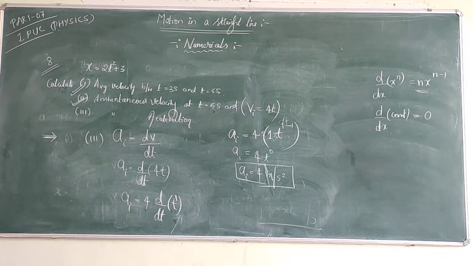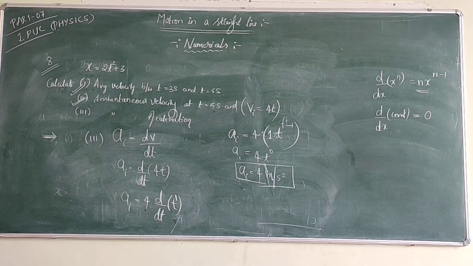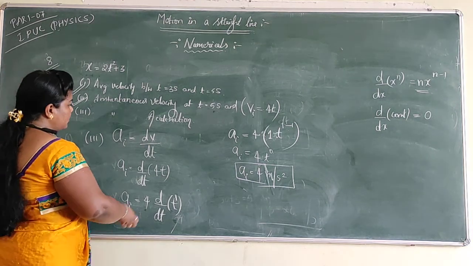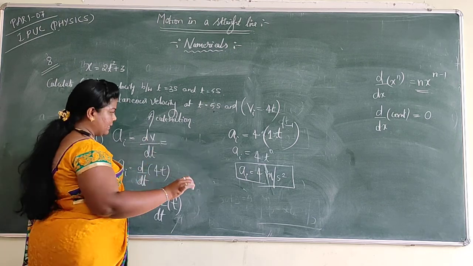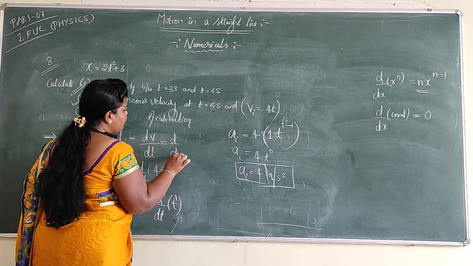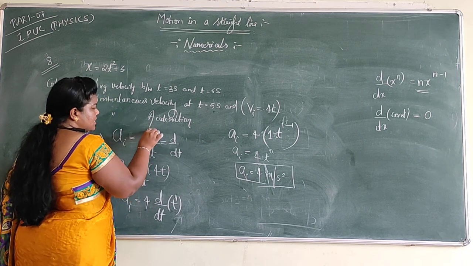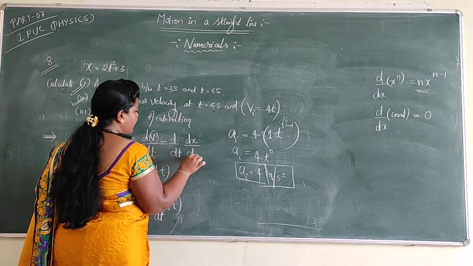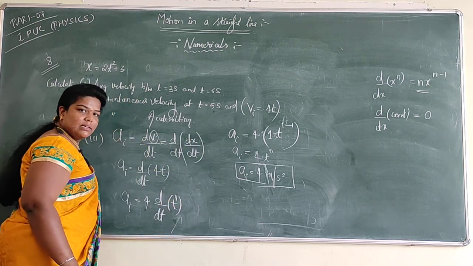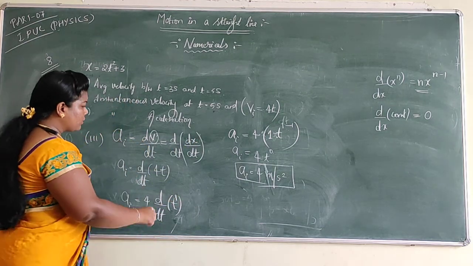I can show you how to do that, my dear students. Assume that we have not calculated it, so this d by dt will be as it is. What is this velocity? It can again be written as dx by dt. This is how to calculate.